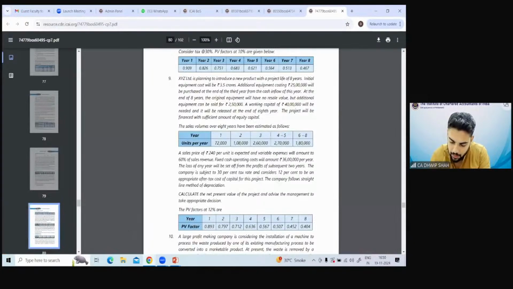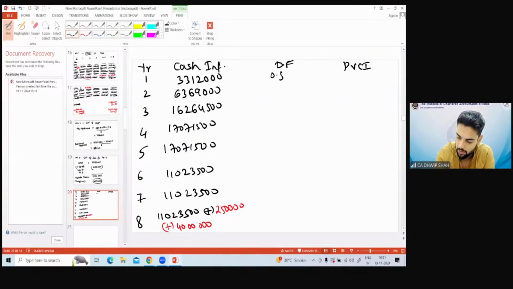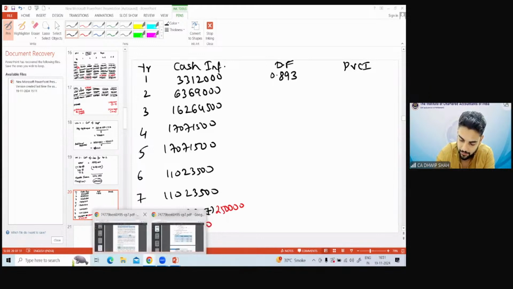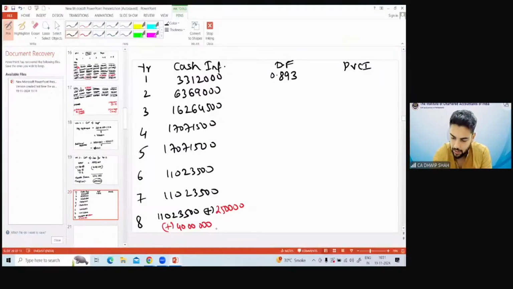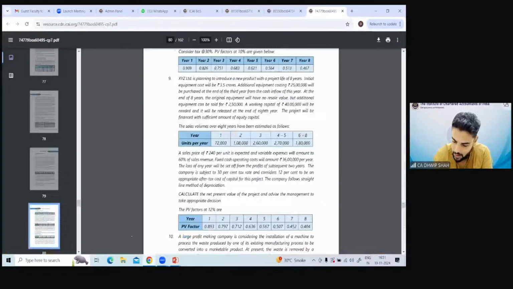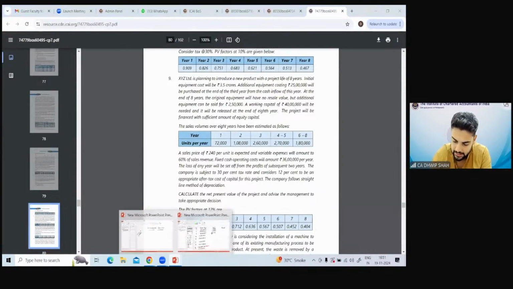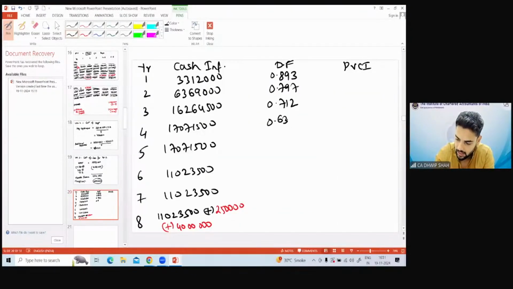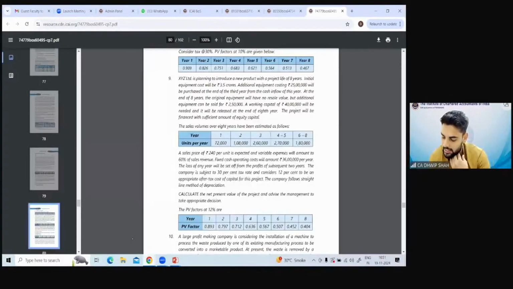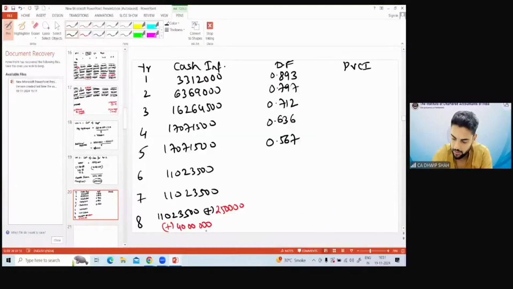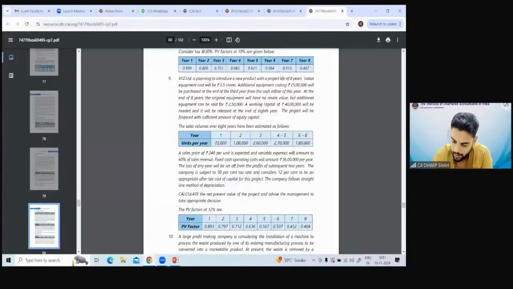So we will simply multiply with the discounting factors and calculate PVCI. Multiply the cash flow of each year with its discounting factor: 0.893, 0.797, 0.712, 0.636, 0.567, 0.507, 0.452, and for the last year it is 0.404.